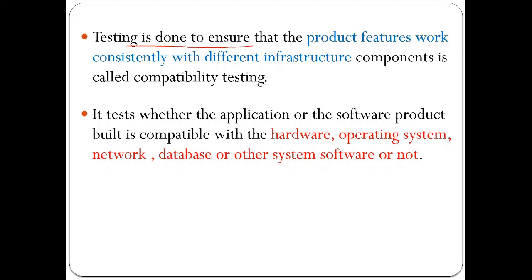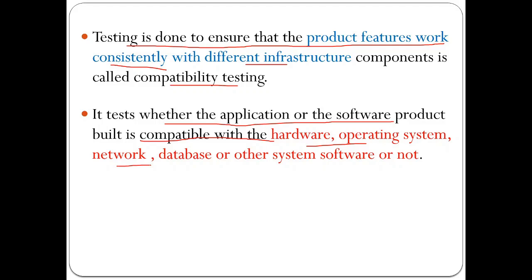Testing done to ensure that the product features work consistently with different infrastructure components is called compatibility testing. It tests whether the application or software product built is compatible with various hardware, operating system, network, database or other system software or not.